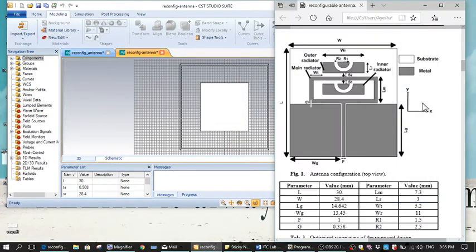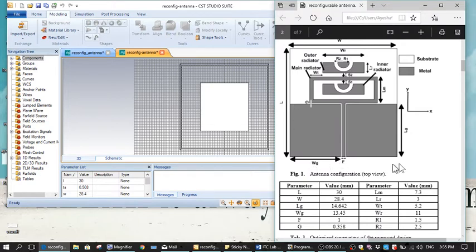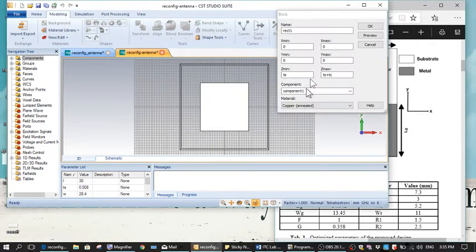Okay, for X dimensions we need to see here, it's saying it's LG and WG. So LG is 14.6 and WG is 13.4. So let's assign it as WG, which is minus WG by 2 to WG by 2, and along Y we will give it minus LG by 2 to LG by 2, and let's preview it.